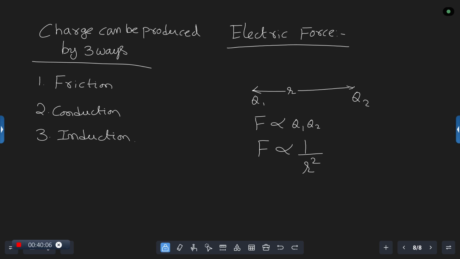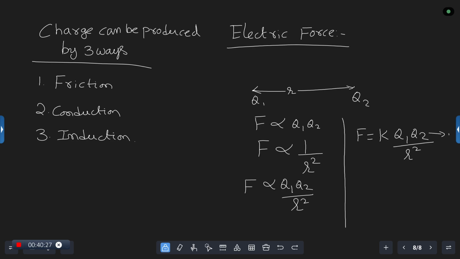So F is directly proportional to Q1 into Q2 by R square. So F equals K into Q1 Q2 by R square. This is equation number 1.